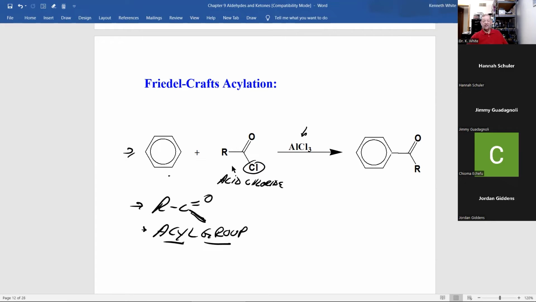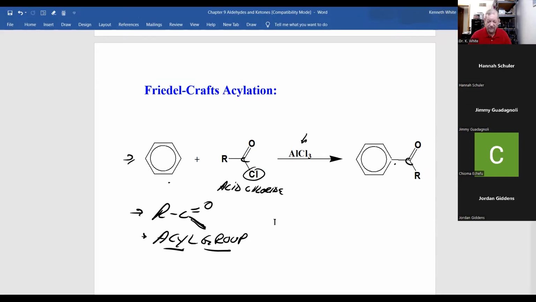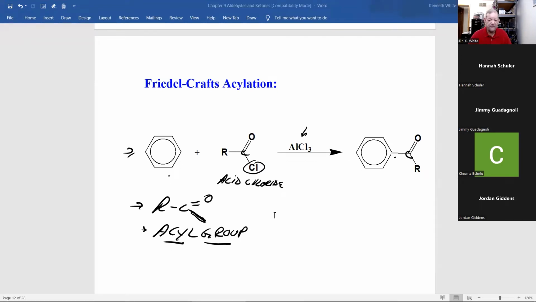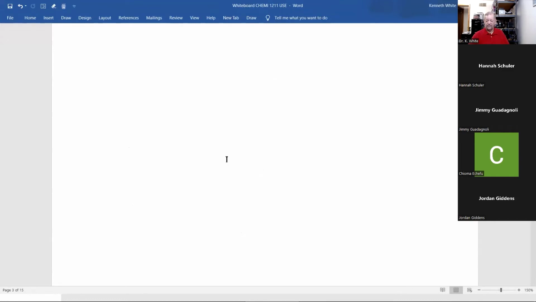You lose this, and this carbonyl, which is right there, is bonded to the benzene ring, and you've made an aromatic ketone.